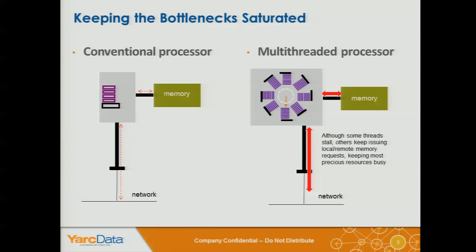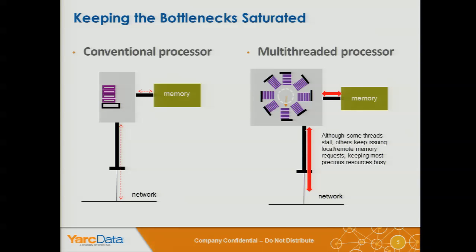So when the processor stalls out, these resources are going wasted. The multi-threaded processor basically uses that multi-threading trick so that when one thread stalls, it will keep on firing requests to the local memory subsystem and to the network.